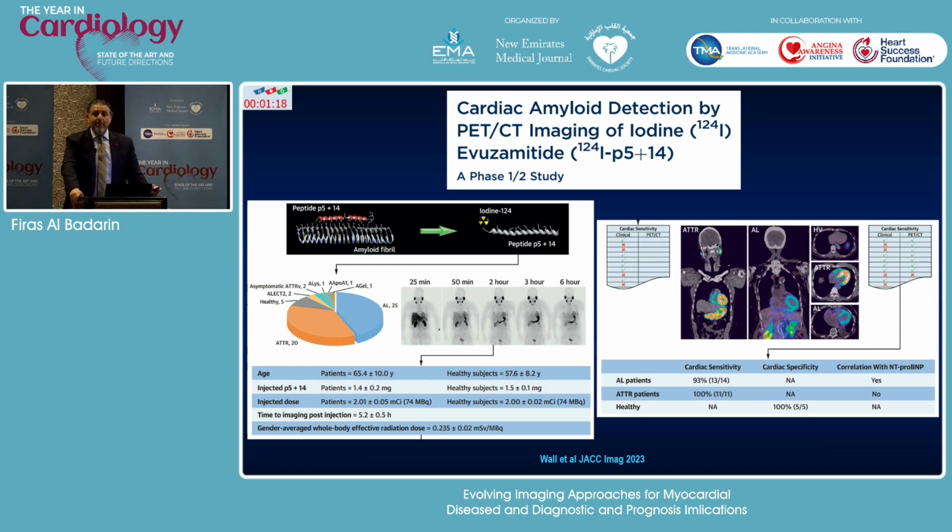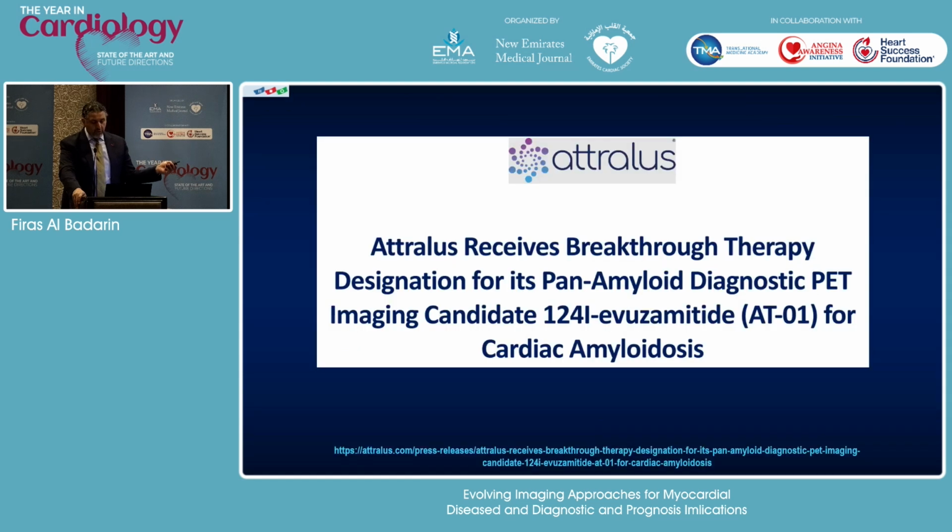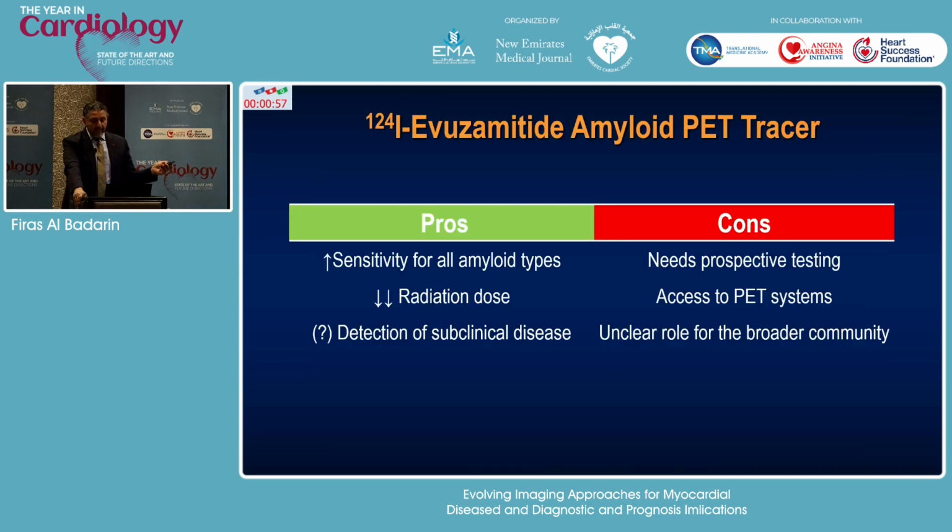There is a pan-amyloid PET tracer that was FDA approved recently. It binds to any amyloid fibrils, and it has 100% sensitivity for diagnosis of amyloidosis. And this tracer is currently undergoing phase 3 testing.